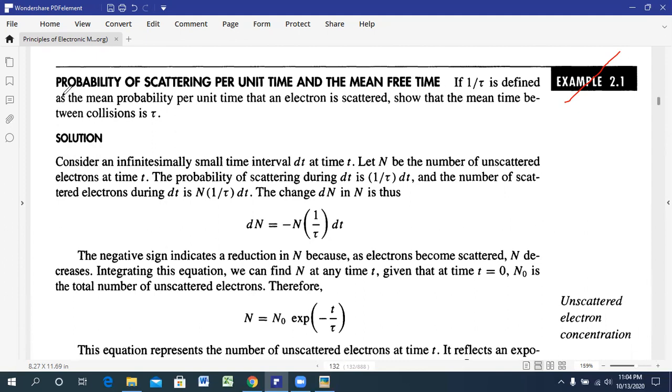So look, the question in example 2.1 is like this: probability of scattering per unit time and the mean free time. If 1 by tau is defined as the mean probability per unit time that an electron is scattered, show that the mean time between collisions is tau.